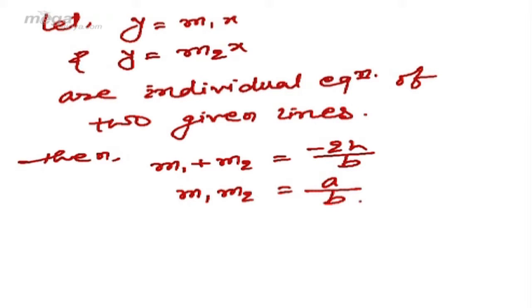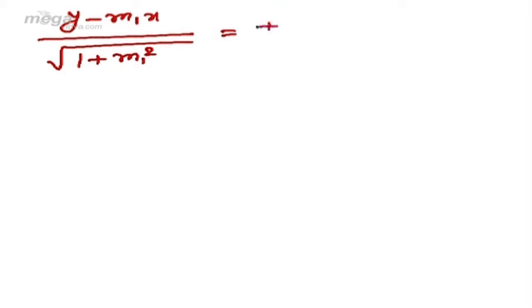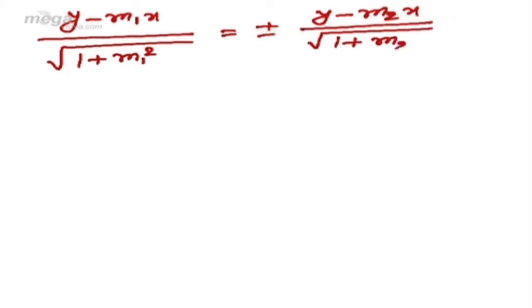Now student, if the equations of the lines are y equal to m1x and y equal to m2x, then the equation of angle bisectors is given by y minus m1x upon under root 1 plus m1 square is equal to plus minus y minus m2x upon under root 1 plus m2 square.